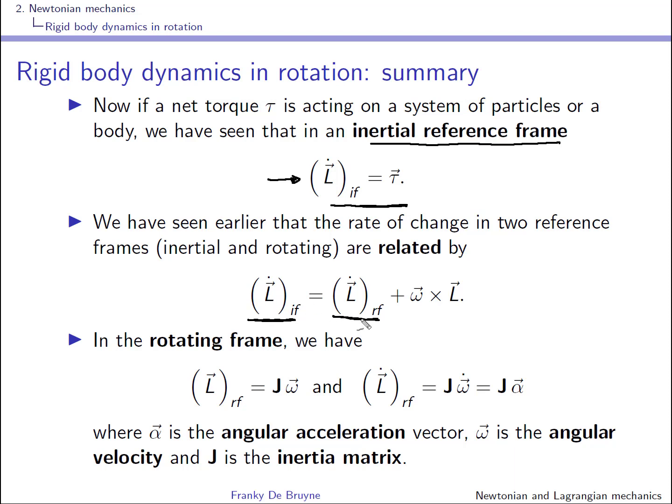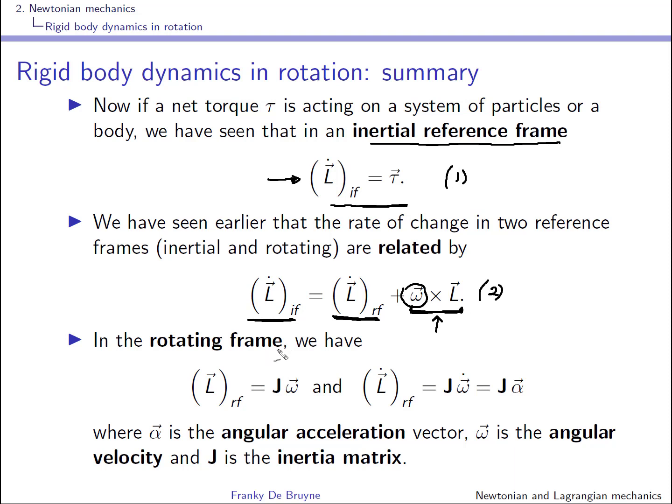Derivative in the inertial frame, derivative in the rotating frame, and then I have to account for the fact that the rotating frame is rotating, and this gives an additional term, which is always the angular velocity vector cross product with the vector of which you're taking the time derivative. So this gives us our first equation.